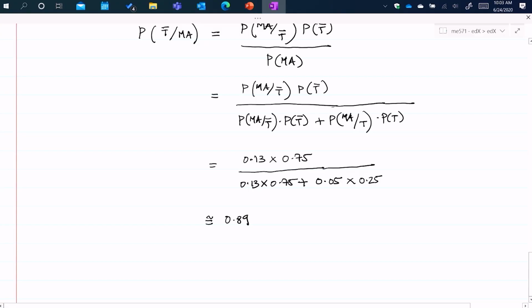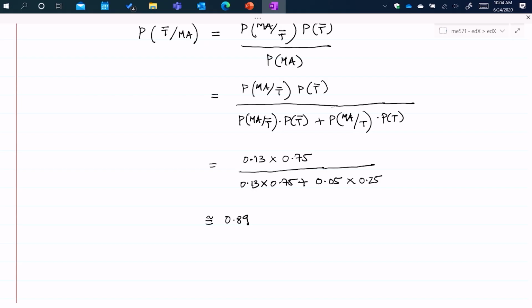So the probability that a recent hire in group A who made a mistake has not had a training class is 89%.